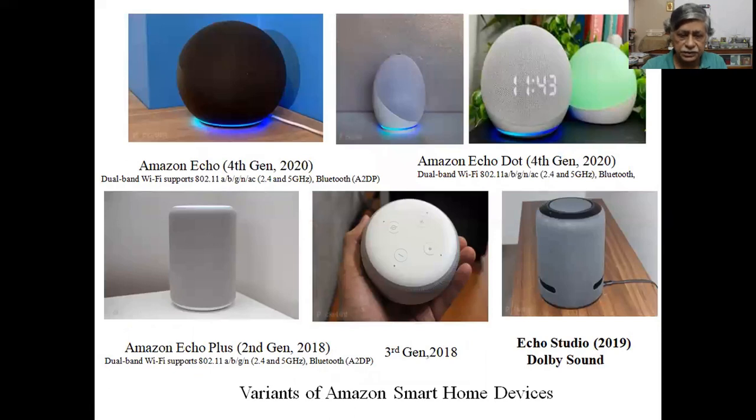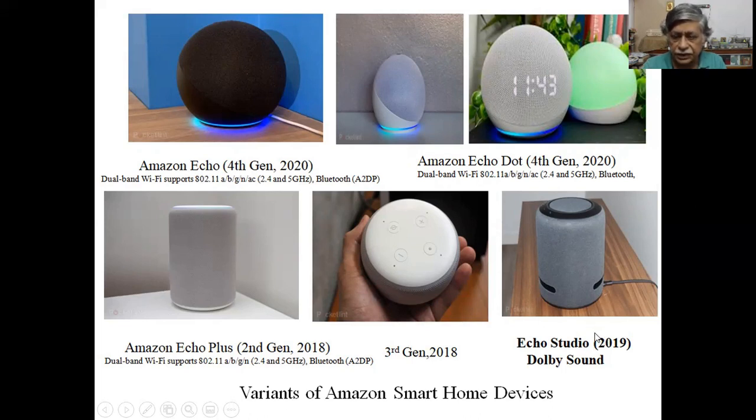Well, for all these things, we need what are called the smart home devices to control by using what is called Amazon ecosystem. So here you can see different types of Amazon ecosystems. Amazon Echo Plus, which is a second generation, which was announced in the year 2018. Then the third generation also, which was announced in 2018.